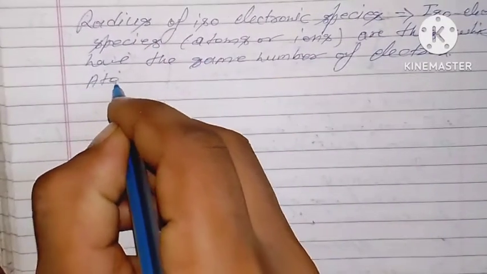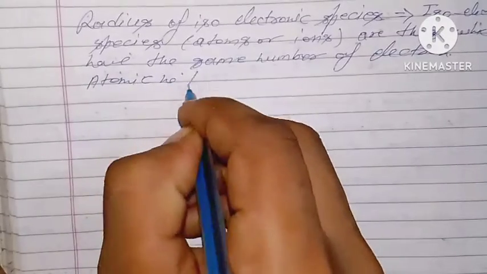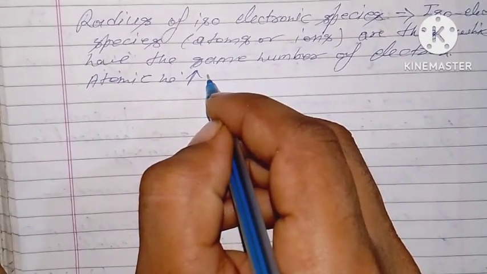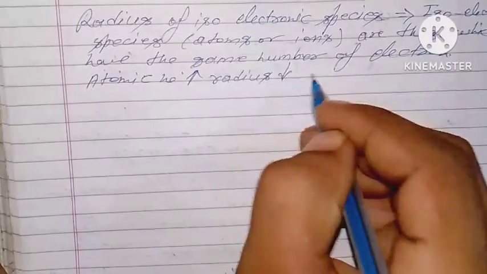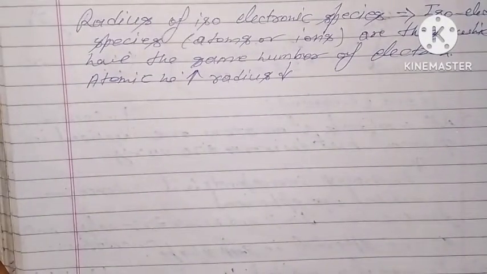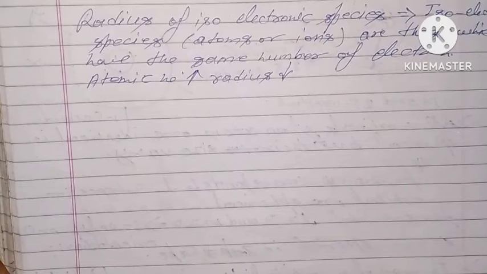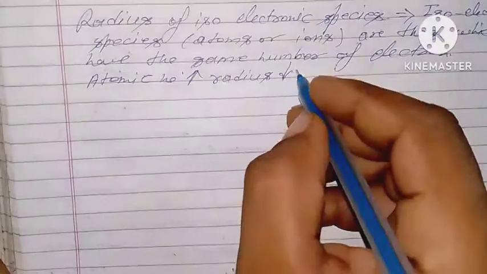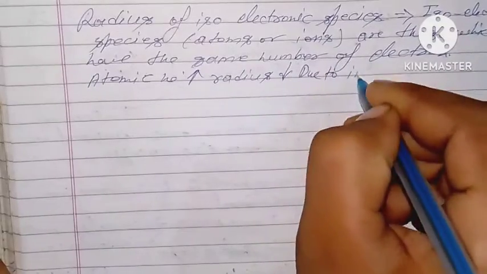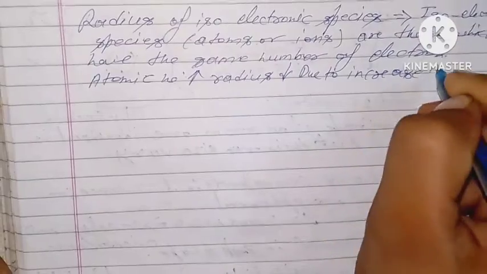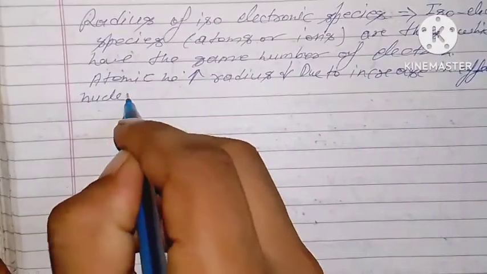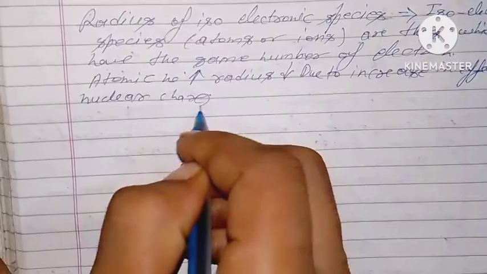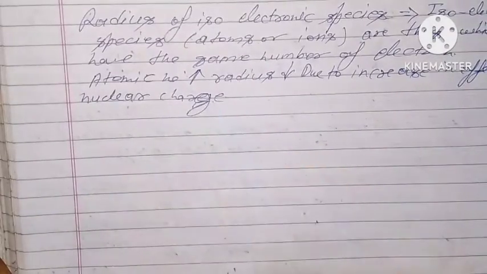If the atomic number increases, then the radius decreases, due to an increase in effective nuclear charge.